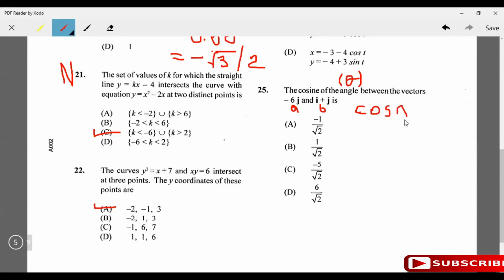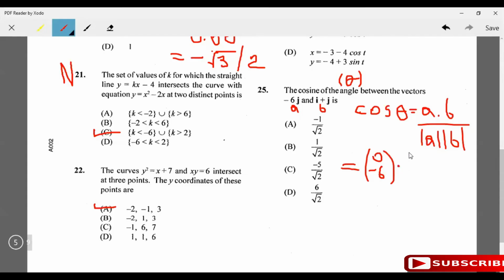The cosine of theta is given by A dot B, the dot product, divided by the modulus of A times the modulus of B.